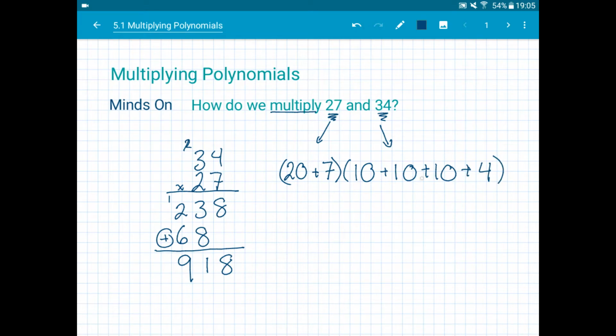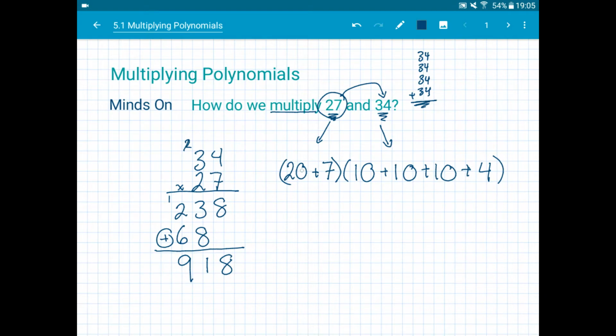So 10 plus 10 plus 10 is 30, plus 4 makes 34. Multiplication means we have 27 34s. So you could write out 34 27 times and add them all together, but that's going to take a long time. So instead, I'm going to think about 34 as these groups of 10 and this 4.